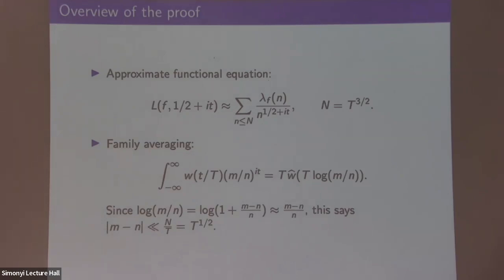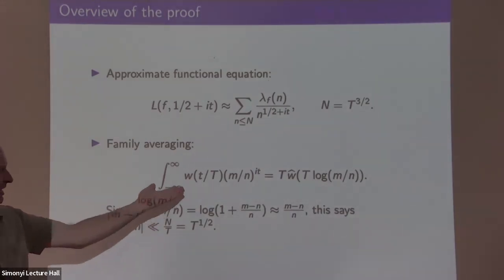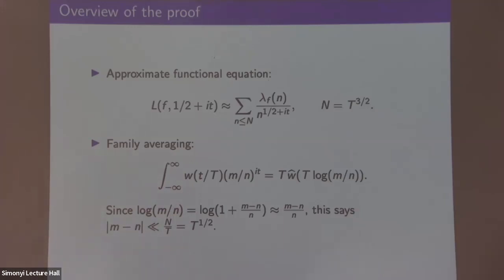So we're going to plug that in and then square it out, and we have to do this integral from 0 to t, but we should put in a smooth weight function. The key thing you have to do is perform this integral: you have an m to the it and then an n to the minus it, and you integrate that over t.